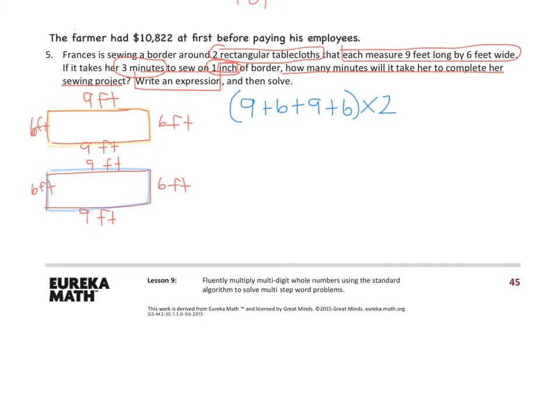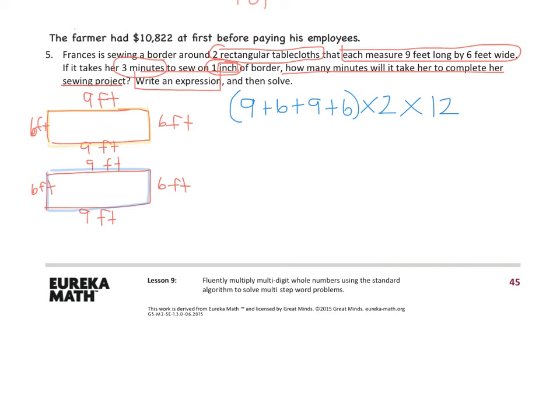But it takes her 3 minutes to do 1 inch. Well, how many inches are in a foot? That would be 12 inches. So once we figure out how many feet, because this right here is feet, and we multiply it by 2, it's going to give us still feet. That means we're going to have to go ahead and multiply it by 12 to figure out how many inches.